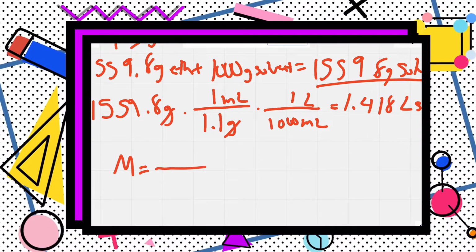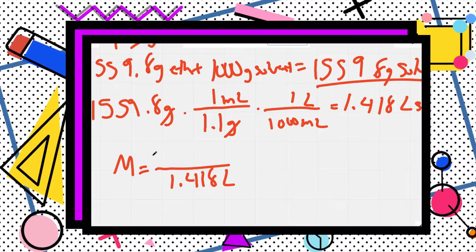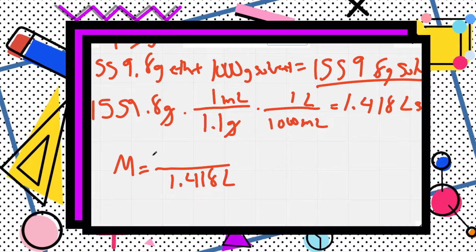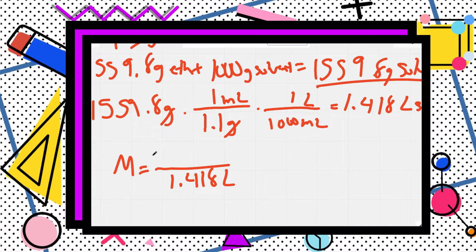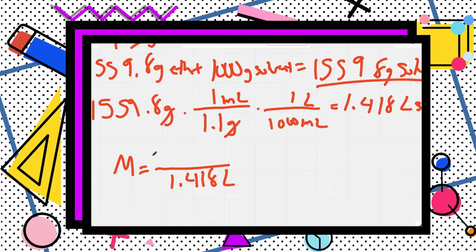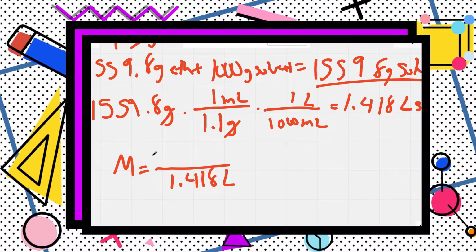Molarity, that's what we're looking for. Finally I got my liters. But what about the moles? What about the moles of my solute? Because that's what molarity is, moles of solute. In this case, the solute is ethanol. Do we have the moles of solute? Yes, we do, in fact.